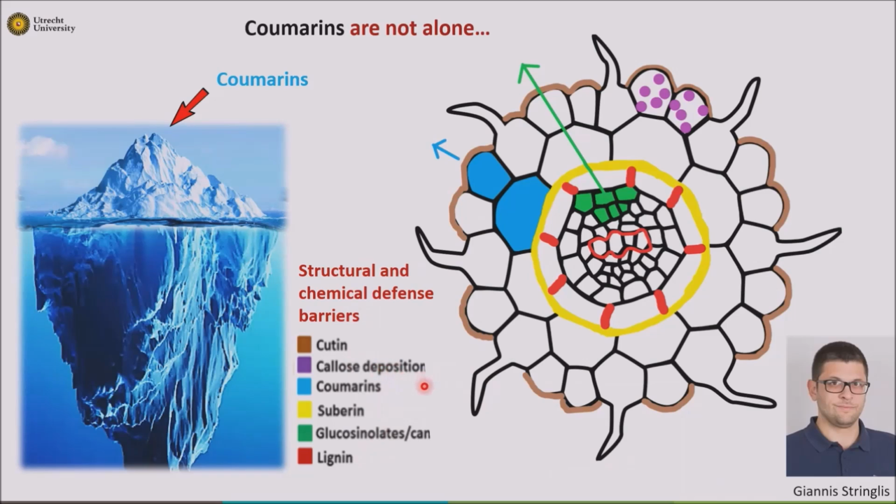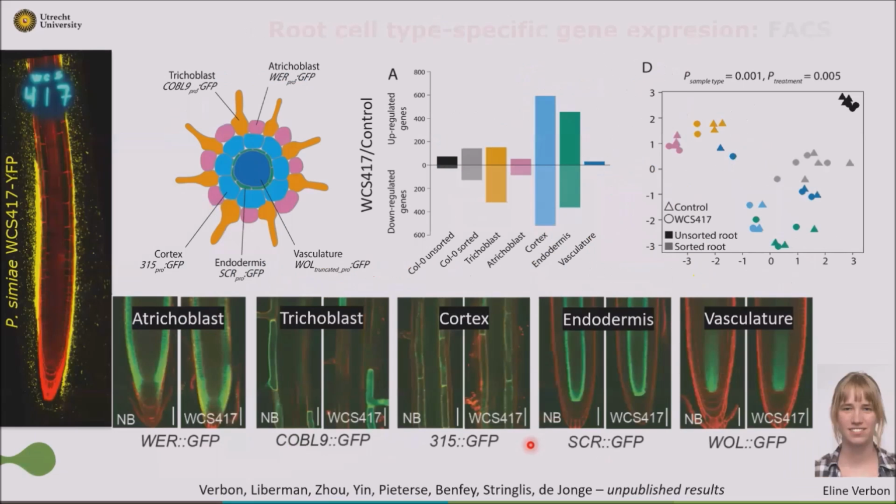They also influence the exchange of nutrients between the root and the rhizosphere, and the secretion of metabolites into the rhizosphere. So we are very much interested in the contribution of all these different structural and chemical barriers in the formation and assembly of the microbial community in the rhizosphere, and how this relates to enhanced performance of the plant in terms of enhanced growth or enhanced protection against pathogens.